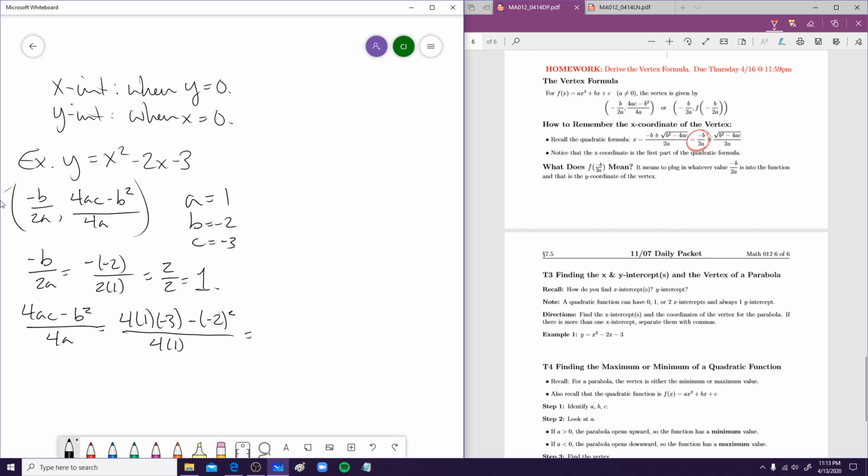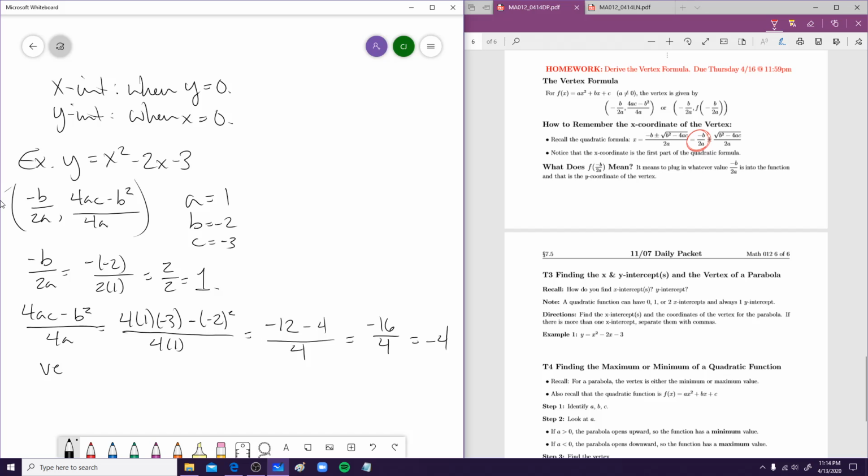So 4 times 1 times negative 3 is negative 12. Negative 2 squared is positive 4, and this is minus 4 because of the minus right here. So negative 12 minus 4 is negative 16 over 4, and that is negative 4, right?